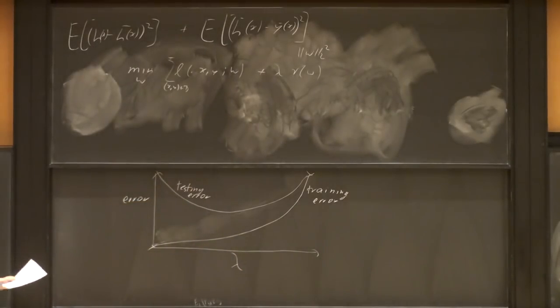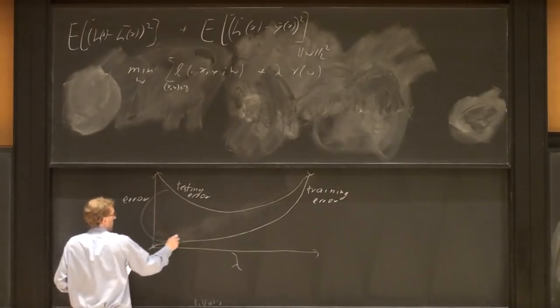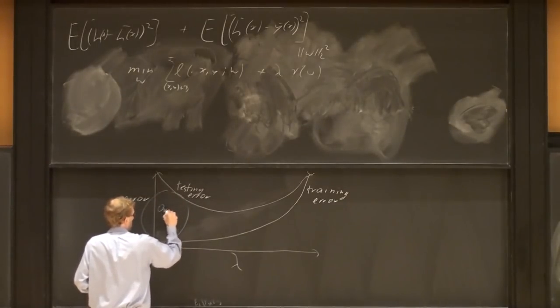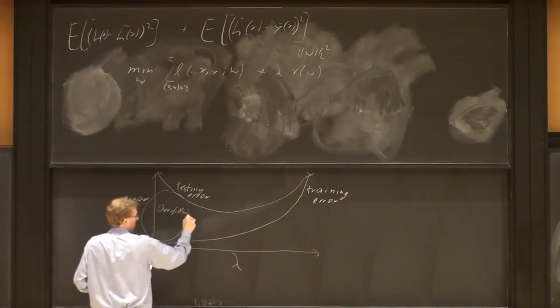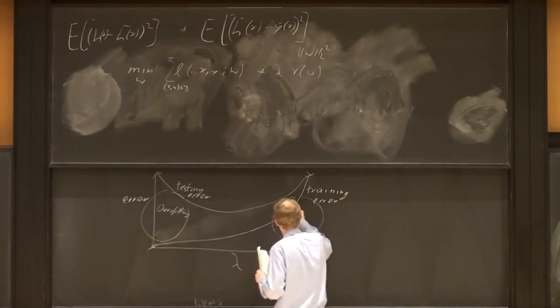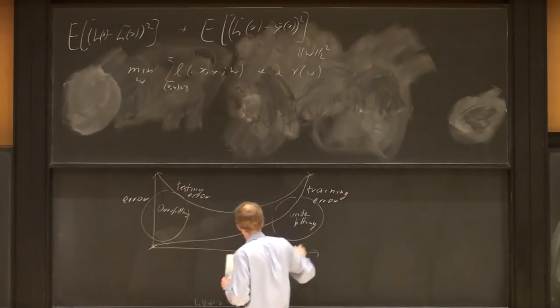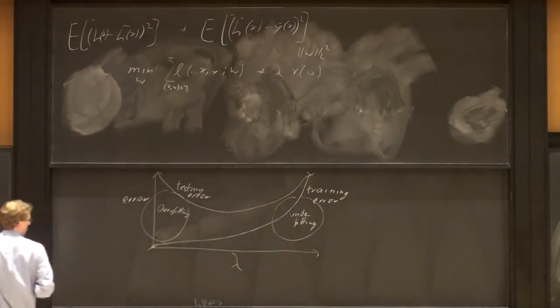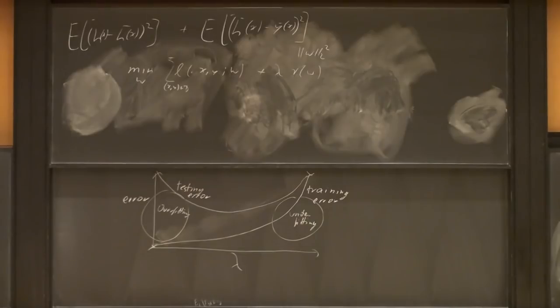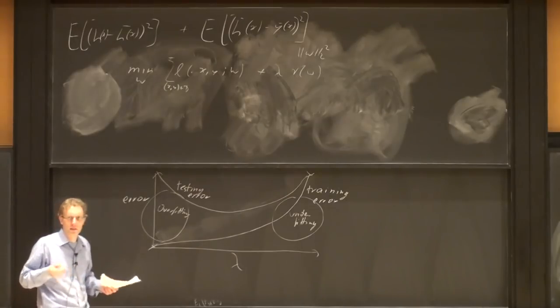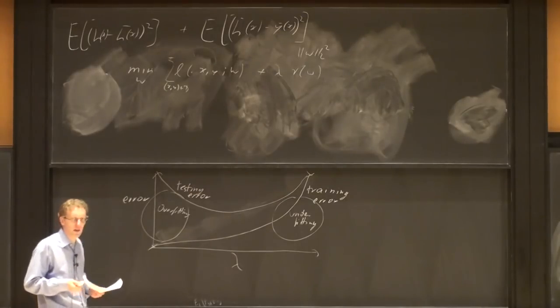We call this regime here overfitting, and this here underfitting. And so what's basically happening here is, if you look at the bias variance, you would have to draw the bias variance curves.